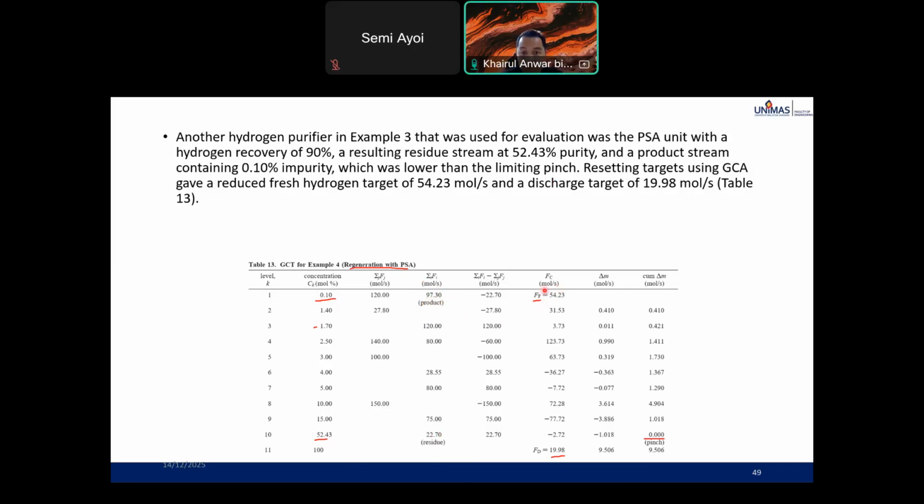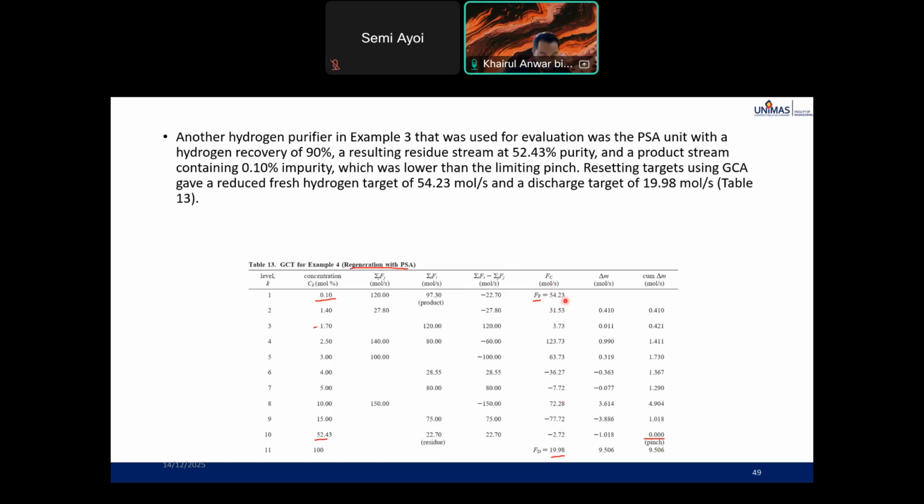Similar, start with 0, identify the pinch. Then using the pinch, recalculate back to the feed, identify the discharge.